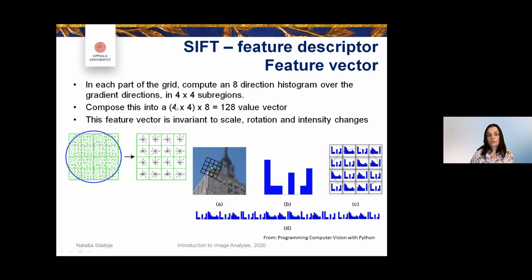So from 4 times 4 regions and 8 gradient directions, or histogram with 8 bins corresponding to 8 observed gradient directions, this 128-valued vector is the SIFT descriptor or description that we use for each identified SIFT feature.